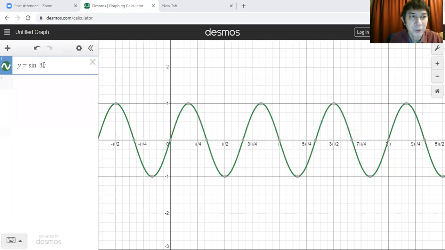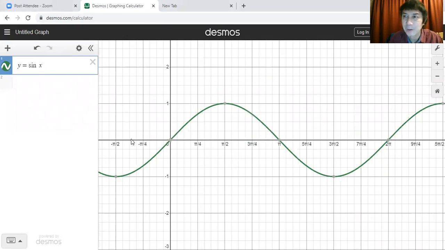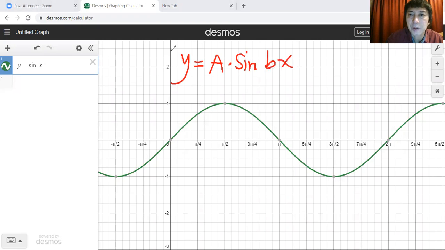So this will now be x. Now, if you consider all the numbers in our formula, we already discussed y is equal to a times sine bx. Now we're going to add another, so let us use c.